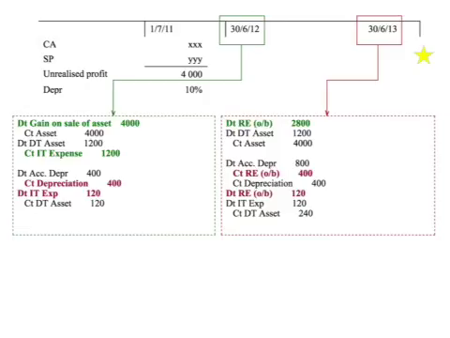Now, in most questions, you would have been given the selling price or the transfer price when the asset was sold to the other company within the group, as well as information on the cost or the carrying amount of the asset on the day that the asset was sold.